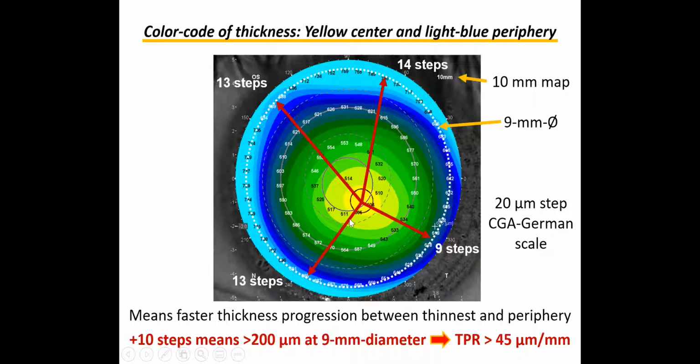But sometimes we may begin with 520, but if we end with 760, we already have 240 microns of difference. So we may begin with a normal range of pachymetry at the center but end with a very thick cornea at the periphery, and we are going to have a faster progression of pachymetry.